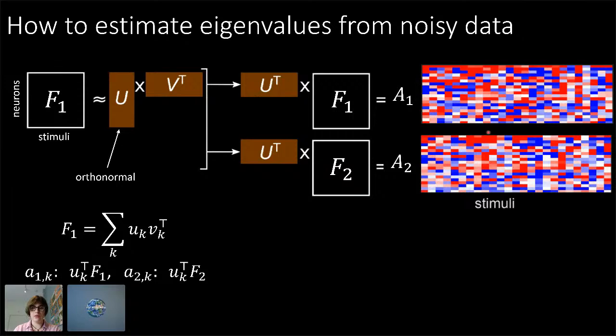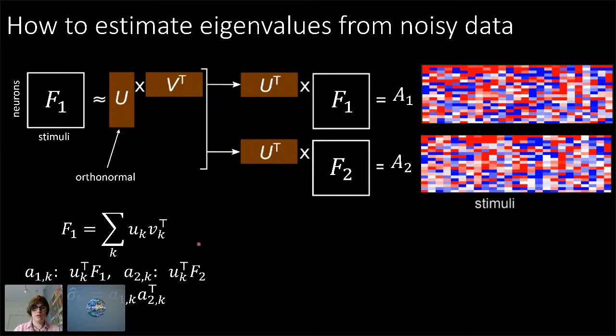And then we can compare how similar these projections from the 2 different repeats are. And so we get an estimate of our eigenvalue sigma hat of K, which is going to be the dot product between this row and this row.